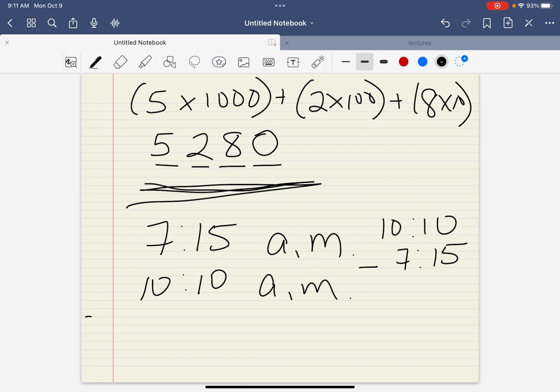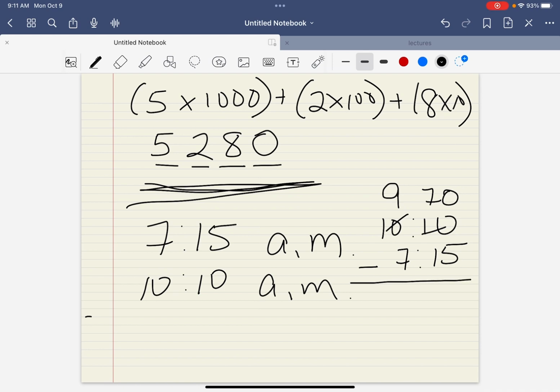So what we have to do is we borrow from the hour, okay, 9, and how many minutes are in an hour? 60, right? So we add the 60 to the 10, so this now becomes 70. We haven't changed anything because 70 minutes is an hour and 10, so that would still give us the 10:10, but now we can subtract.